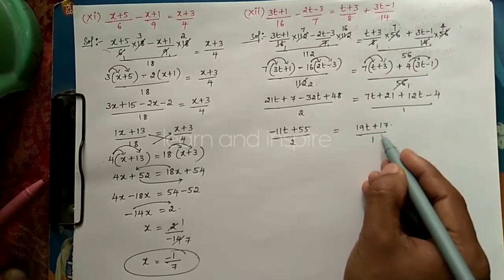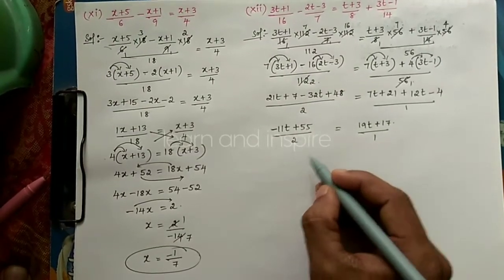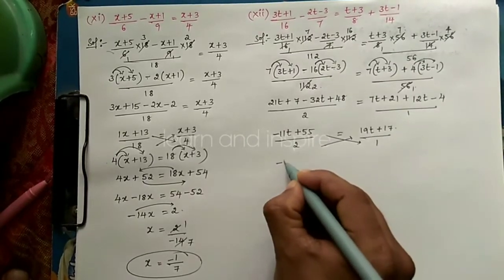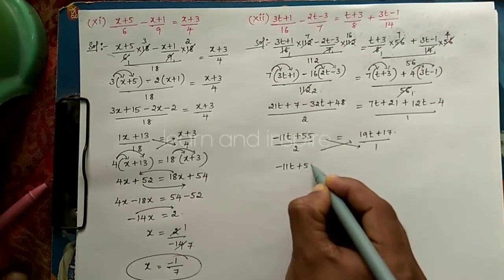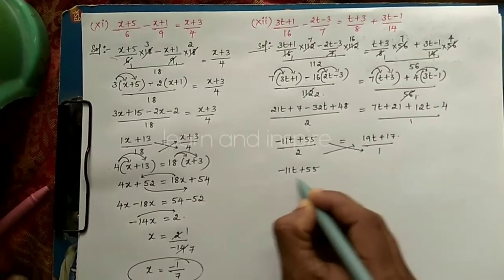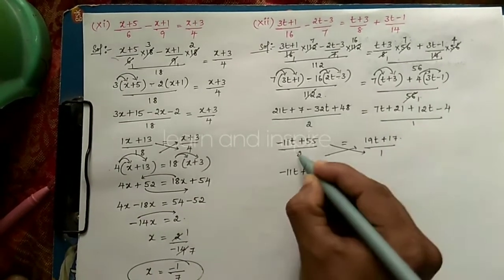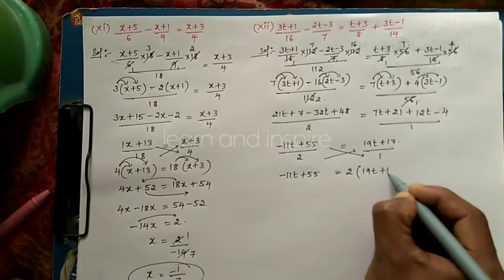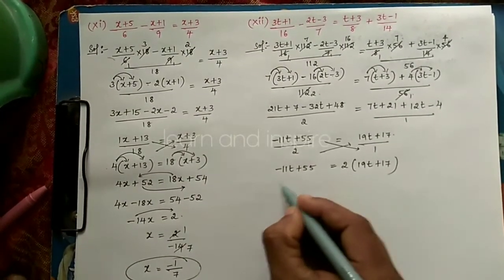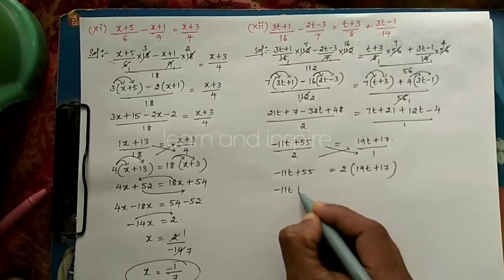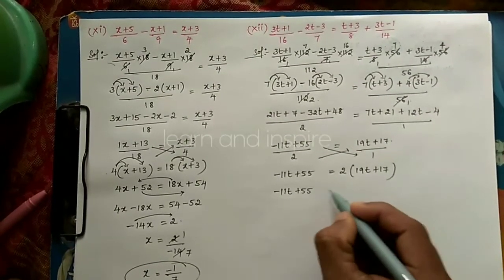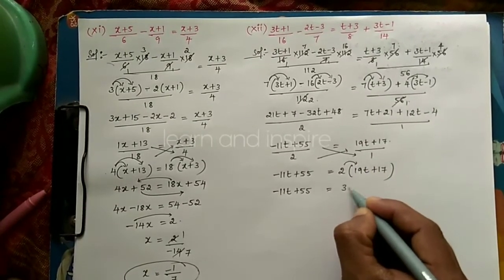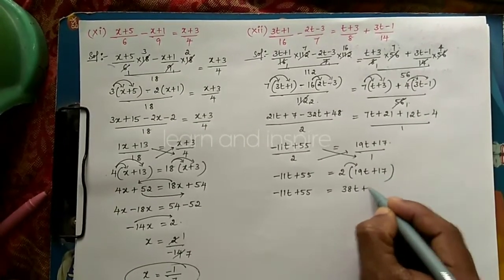So 19t plus 17 over 1. Now cross multiply this. Minus 11t plus 55 as it is equals to 2 into 19t is 38t plus 2 into 17 is 34.